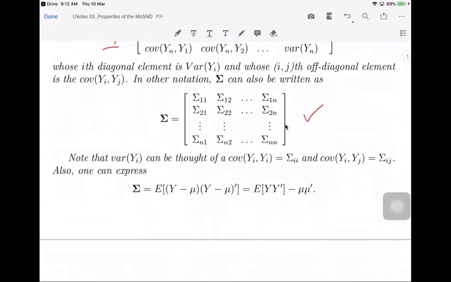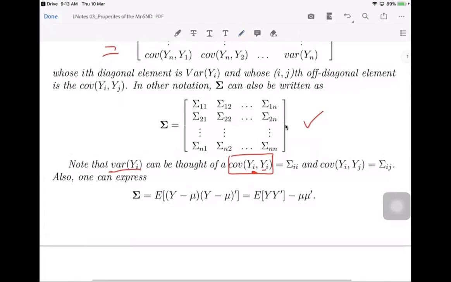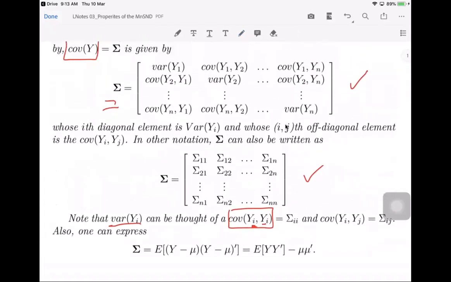Note that the diagonal entries, or the variances of the yi, can be written in terms of covariance, but it is the covariance of yi with itself. Unlike the covariance of two random variables y1, y2, when i is not equal to j, it is the covariance of yi, yj.